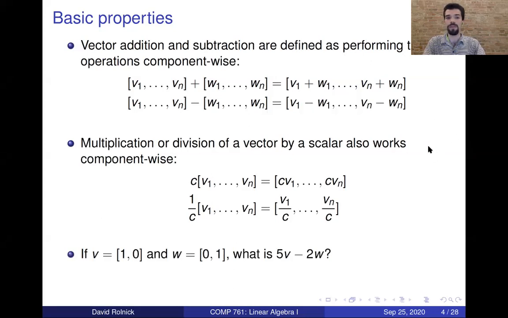So for example, if v is equal to (1, 0) and w is equal to (0, 1), what is 5v minus 2w? Awesome, (5, -2). Yep.